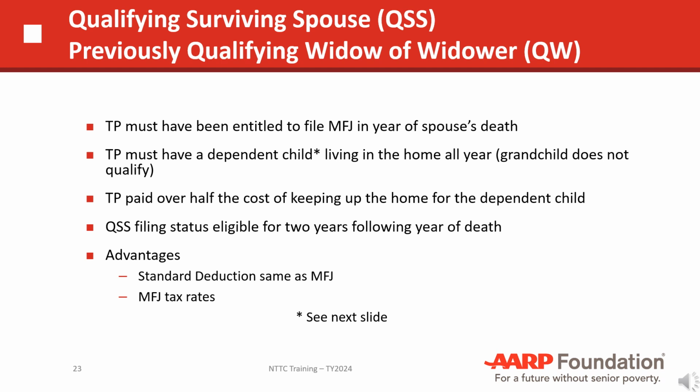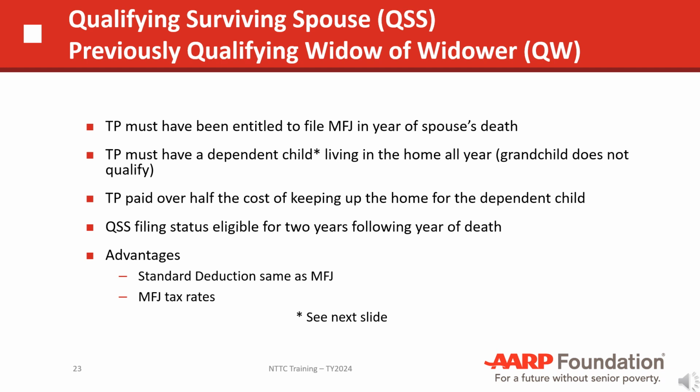The taxpayer must have been entitled to file married filing jointly in the year of the spouse's death. The taxpayer must have a dependent child living in the home all year, but that excludes grandchildren. Grandchildren do not qualify the taxpayer for using QSS as a filing status. The taxpayer must have paid over half the cost of keeping up the home for this dependent child.